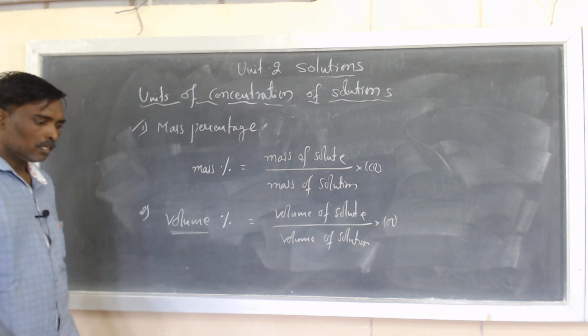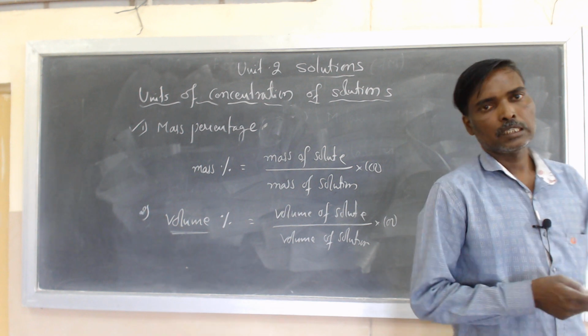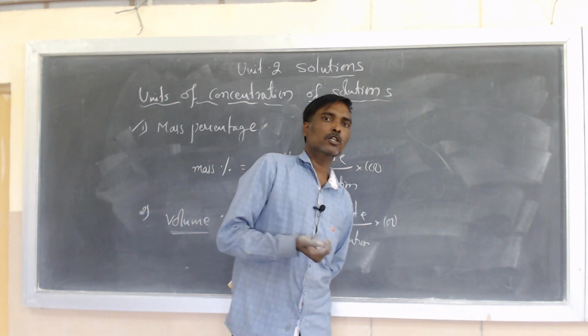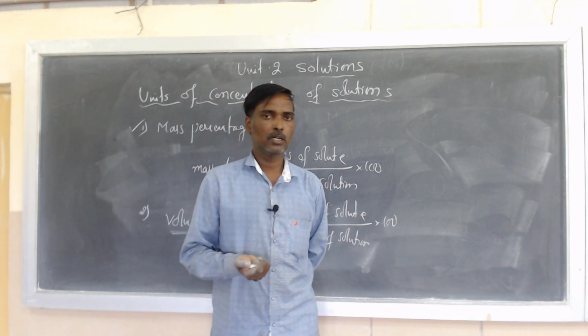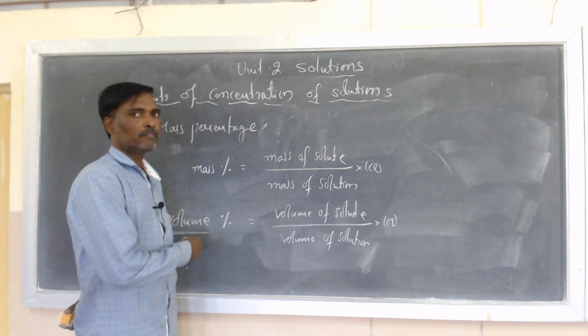For example, 5 ml of alcohol is dissolved in 95 ml of water, then the total volume of that solution is equal to 100. Then the percentage of that solution is a 5% solution.